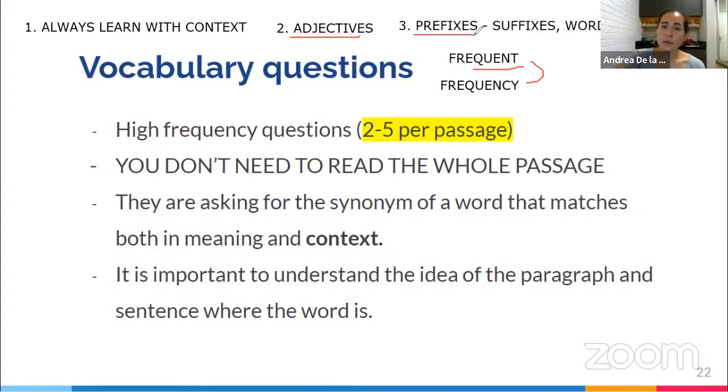Make sure that you study some common prefixes and some common suffixes. For example, the suffix less, right? Does anyone know what it means? This is a suffix.